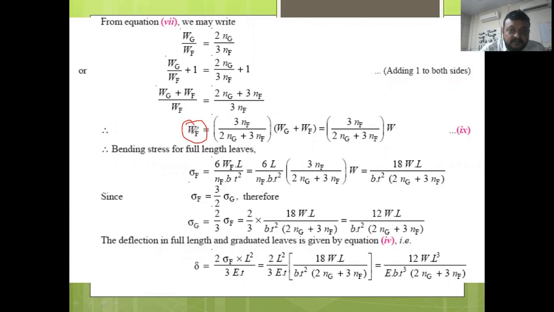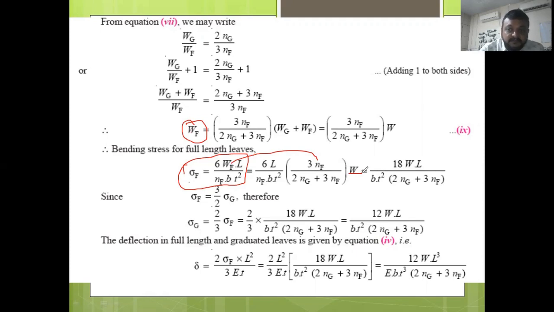Now the bending stress for full length leaves is 6 WF L over N F B T square. This equation we have already discussed in the previous slide. Here we have to put the value of WF derived in terms of the total load W, because the total load W is already given. Mostly the total load acting on the leaf spring is given, and then you have to separate WG and WF.